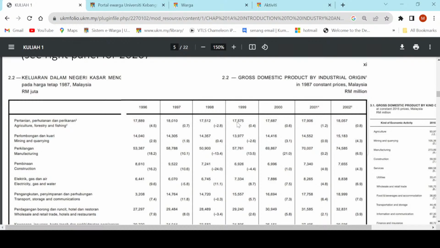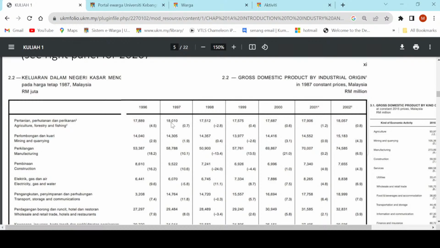So you can do this only if you turn or change these numbers into constant price. You should never calculate the rate of growth if these are current price.